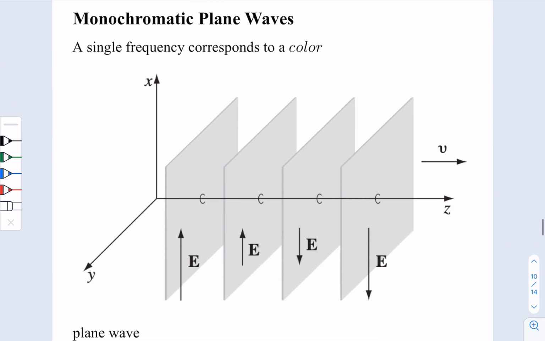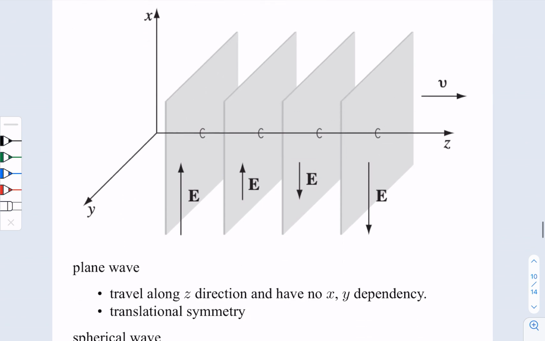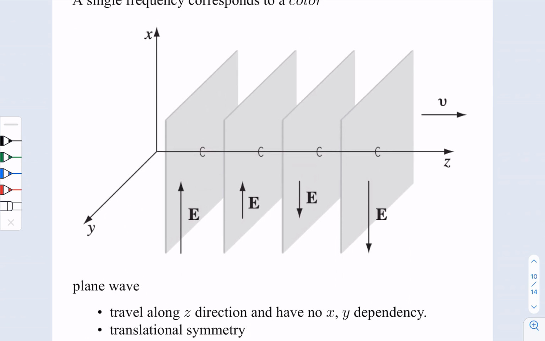Now, for the simplest case, we can define monochromatic plane waves. What I mean by monochromatic is that each frequency corresponds to a color of this wave, so that fixes the frequency. And what I mean by a plane wave is that the wave only travels along, say, the z direction, and the E field doesn't have any x and y dependence.